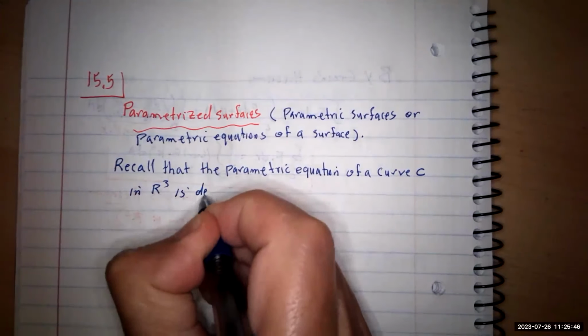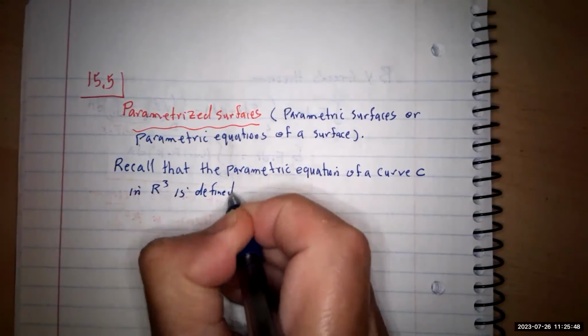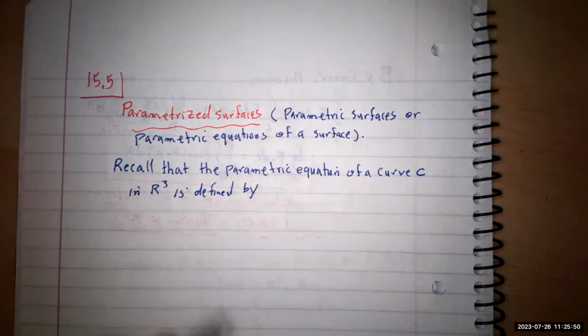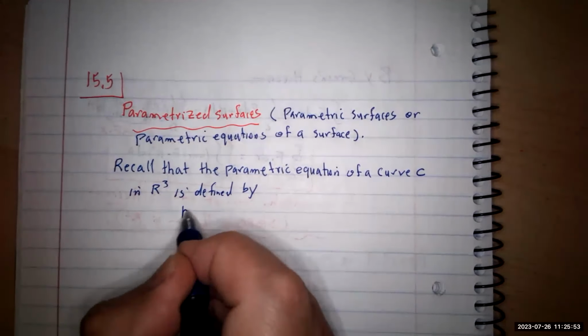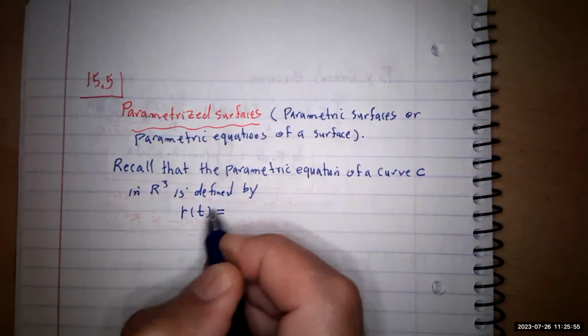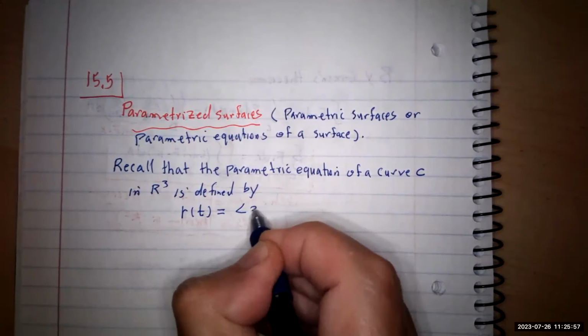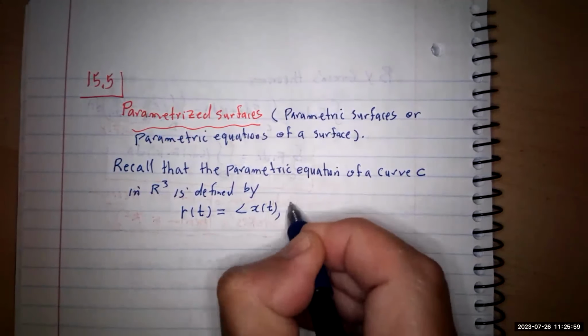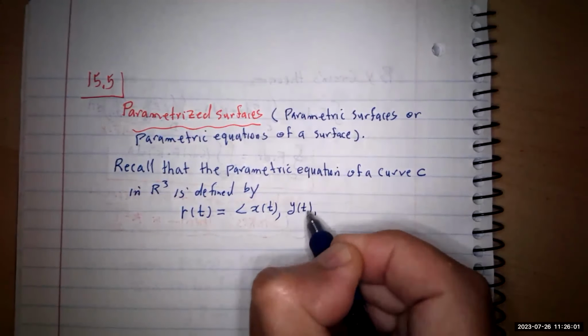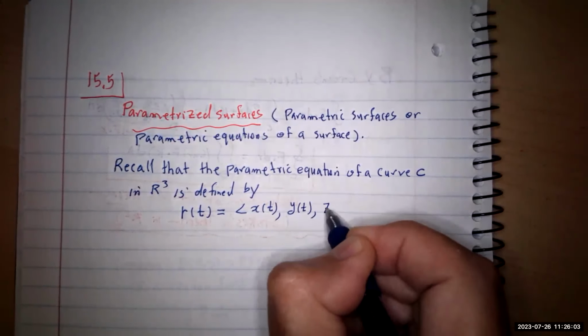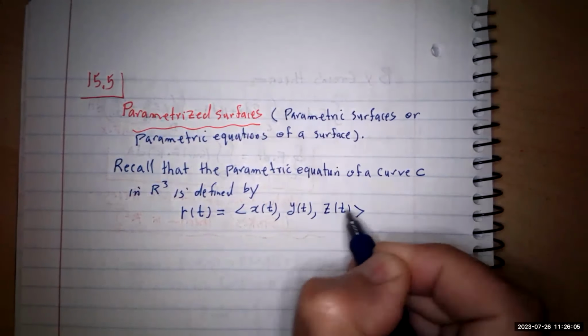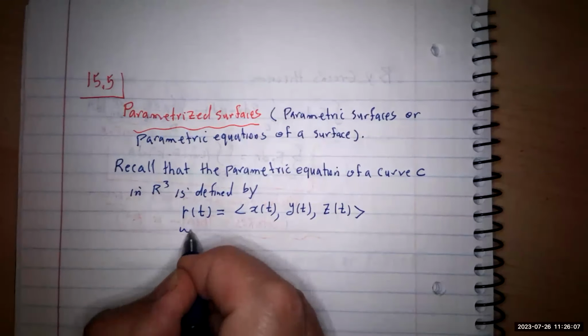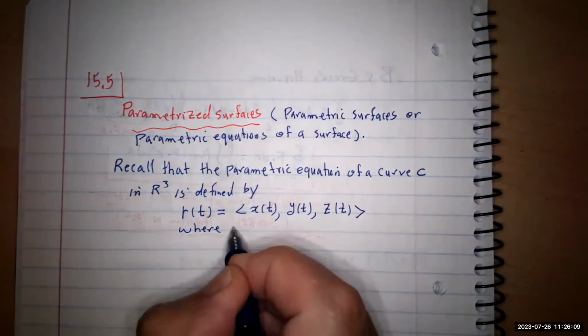It is defined by r of t equals x of t, y of t, z of t. That was the case where, for example, t was between a and b.